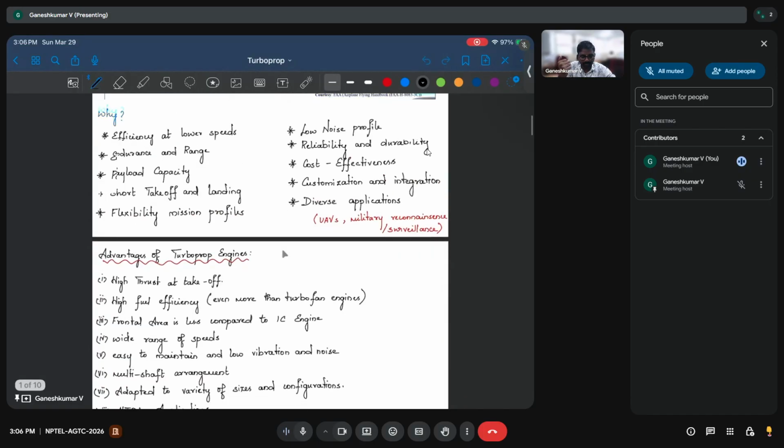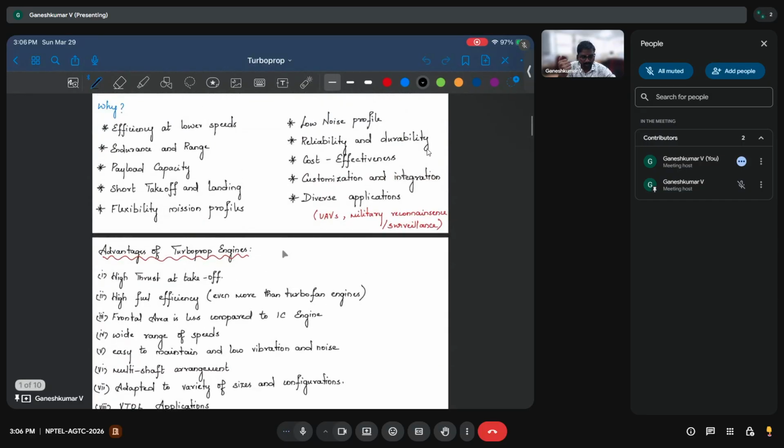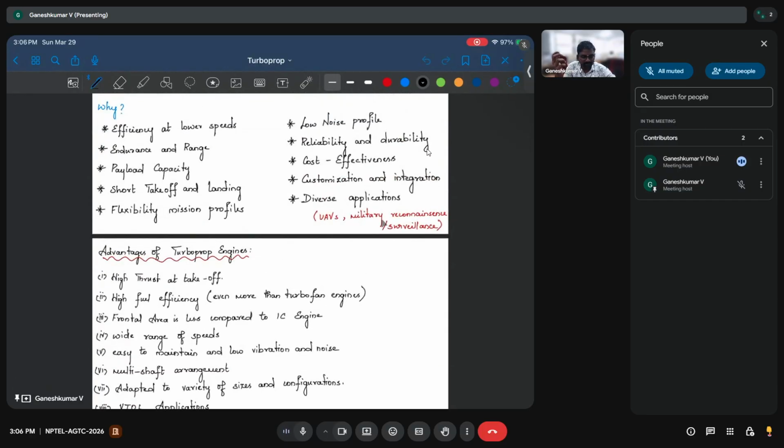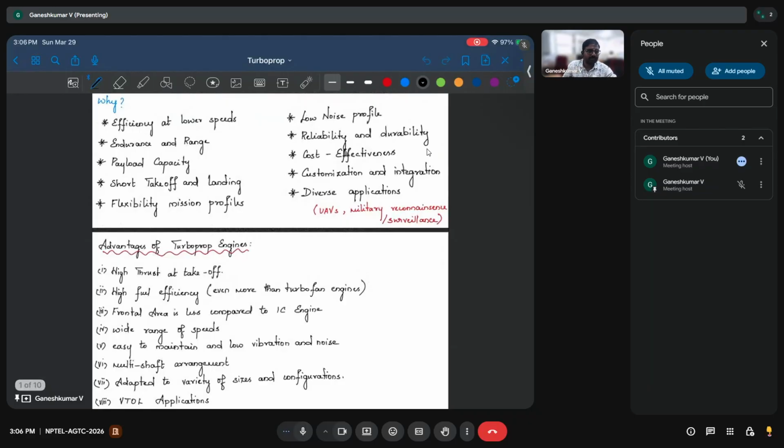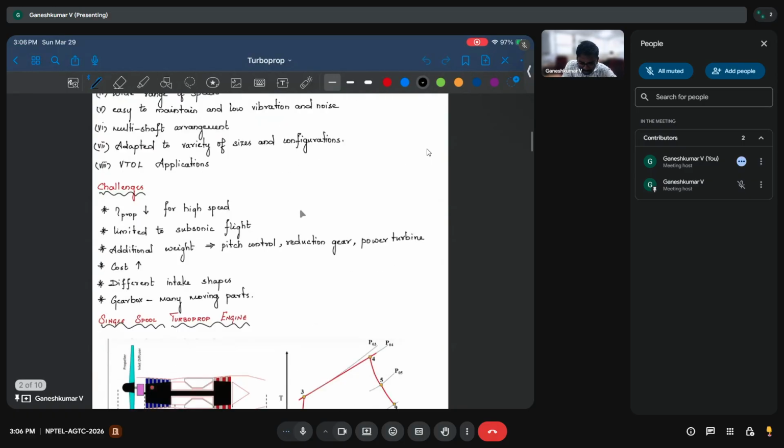That's why people typically use this. They also use it for UAVs, like drones, for military reconnaissance and surveillance. So wherever cost effectiveness is required, people use turboprop engines.